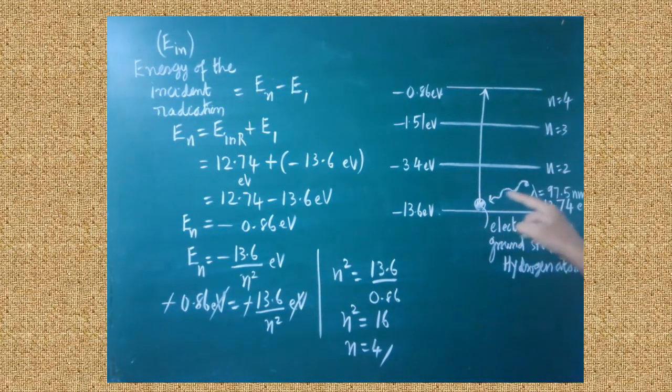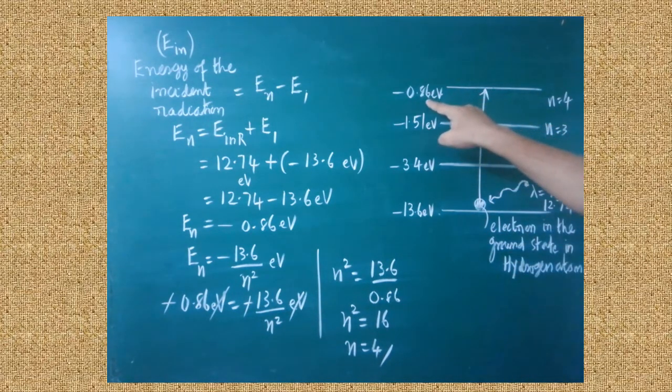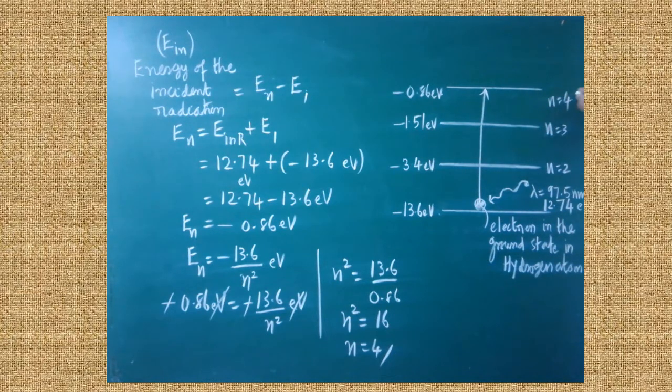If you give that much energy, it will be raised up to this level. So finally it reaches the energy state whose energy value is minus 0.86 electron volt, equivalent to the energy of the fourth state, the fourth excited state.